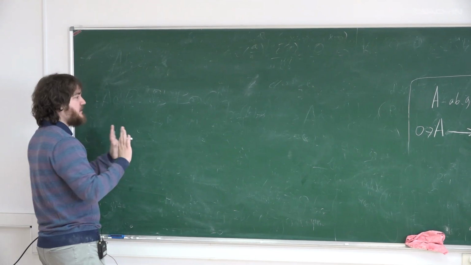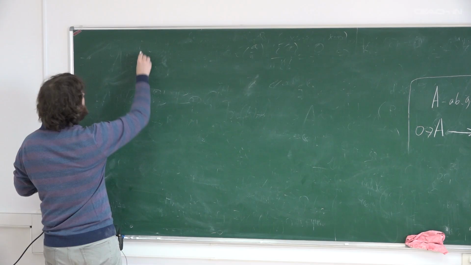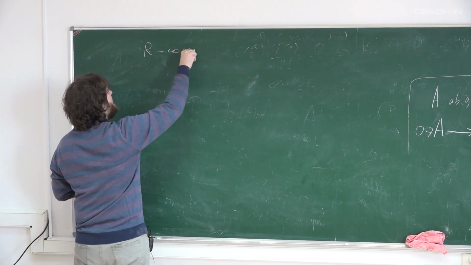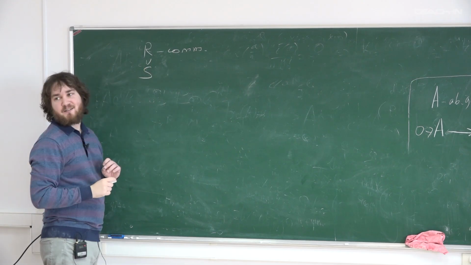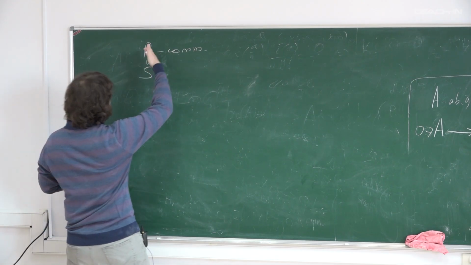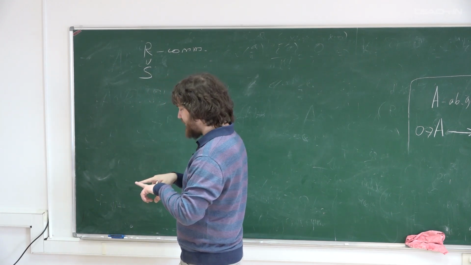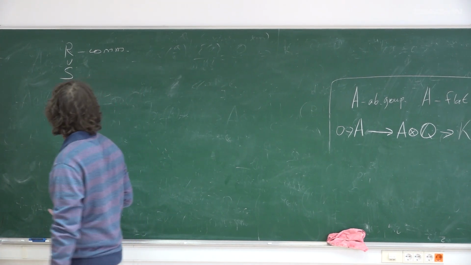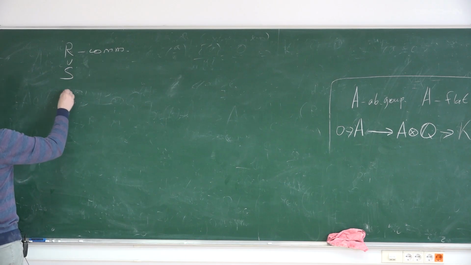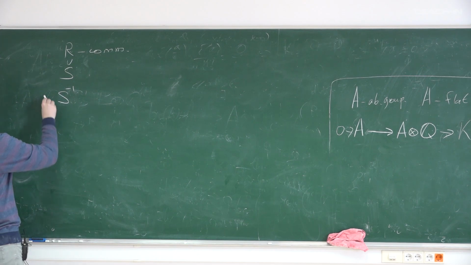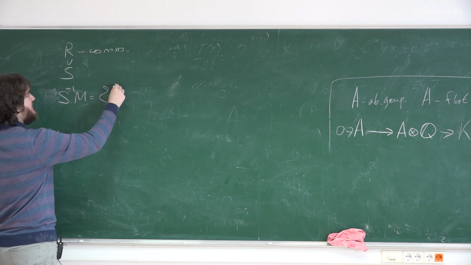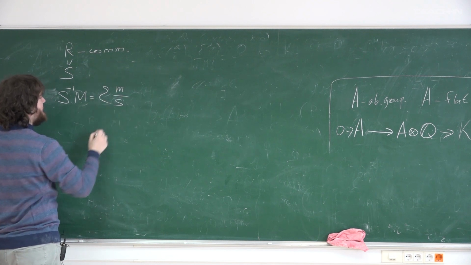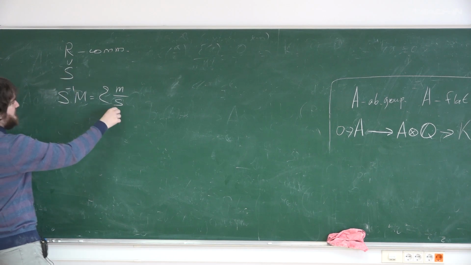If R is commutative, and you have some multiplicative system, a subset which is closed under multiplication, then you can consider inversion of these elements, and for any module consider fractions m over s, where s is not 0.